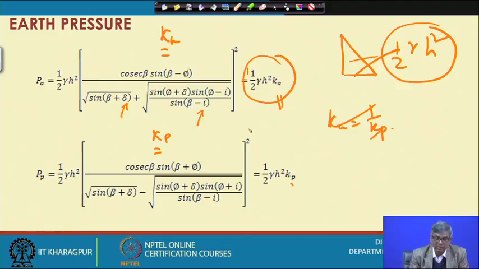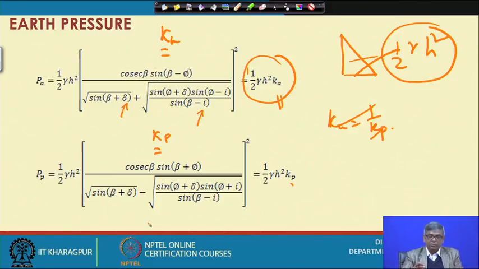This is a very generalized expression. It is a little lengthy, but it is a function of the angle of the wall face, the angle of internal friction, the friction angle between the backfill and the wall face, and the backfill inclination.